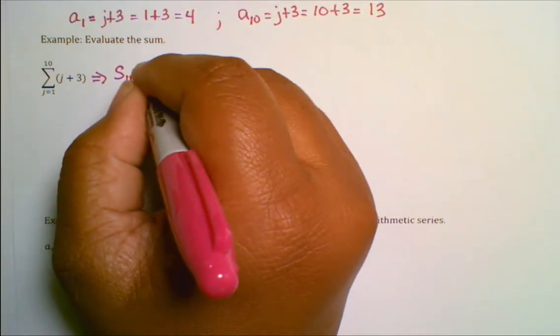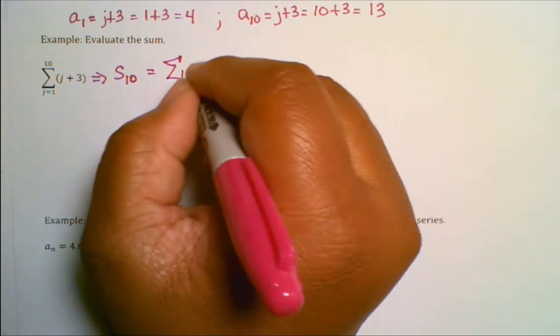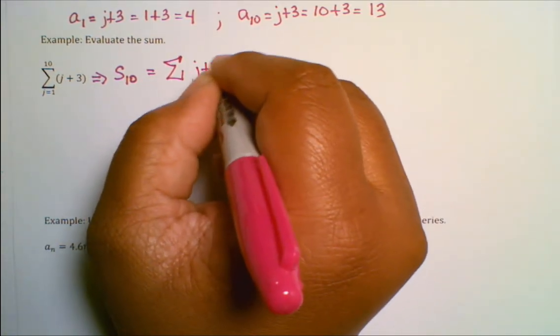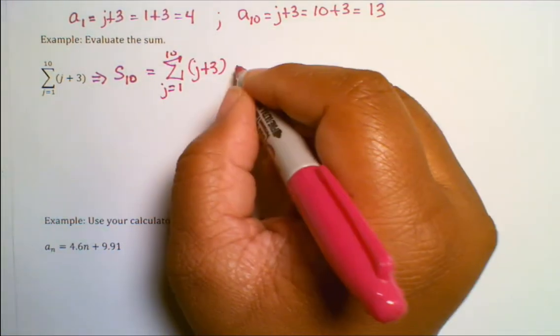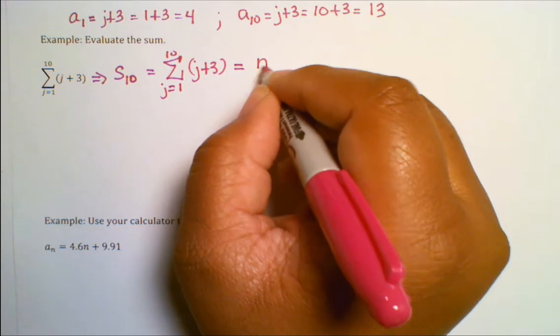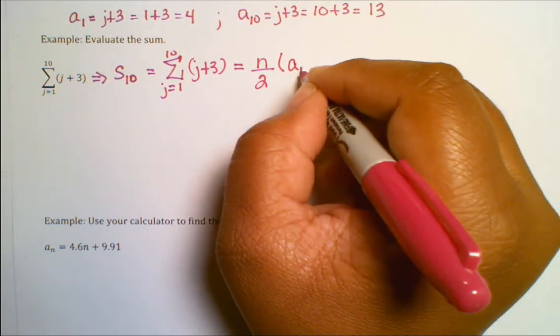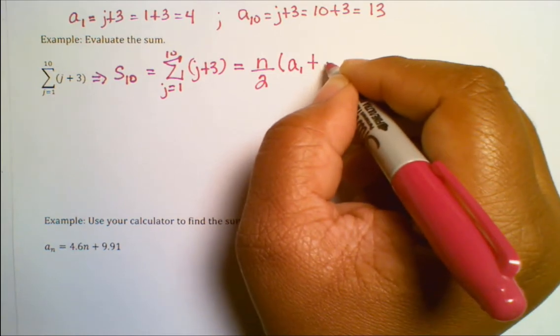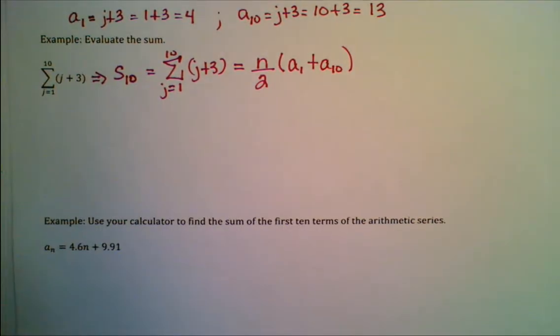So S of 10 is equal to the sum of j plus 3 as j goes from 1 to 10, and we're going to use this formula, n over 2 times a sub 1 plus a sub n, which would be our 10th term.